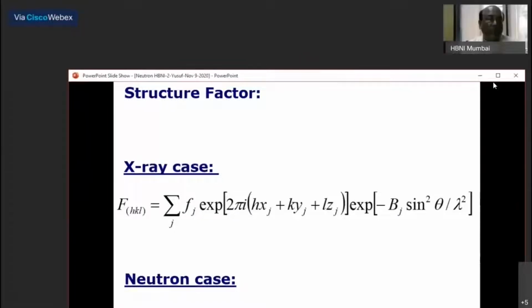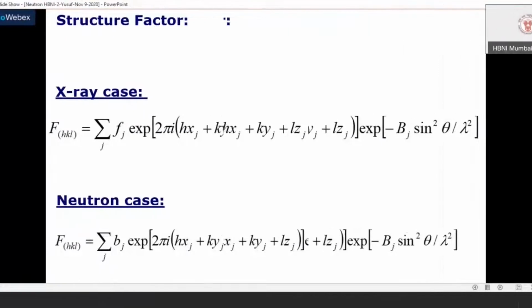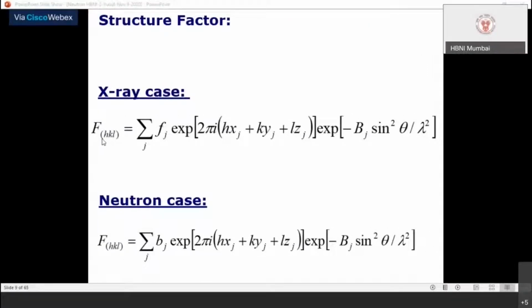Why? Because the X-ray wavelength is about an angstrom, and the physical dimension of the charge cloud is also about an angstrom. They are of the same order, so the probe sees the electronic charge cloud as an extended structure.